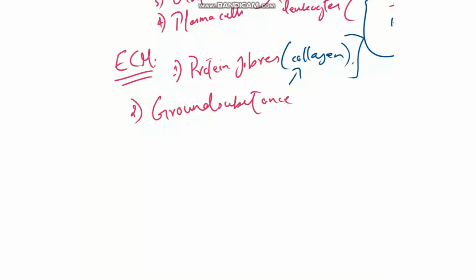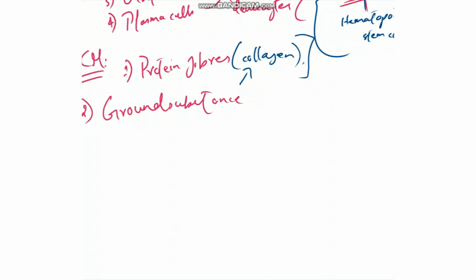Remember me mentioning the ground substance when we were doing the ECM in the previous chapter. I promised to teach you guys the ground substance and its details in this chapter, and we will do it later in this chapter, just in a bit after we do the protein fibers. So this ground substance is mainly made up of glycosaminoglycans and proteoglycans and hyaluronic acid and stuff like that. Let me just write that down.